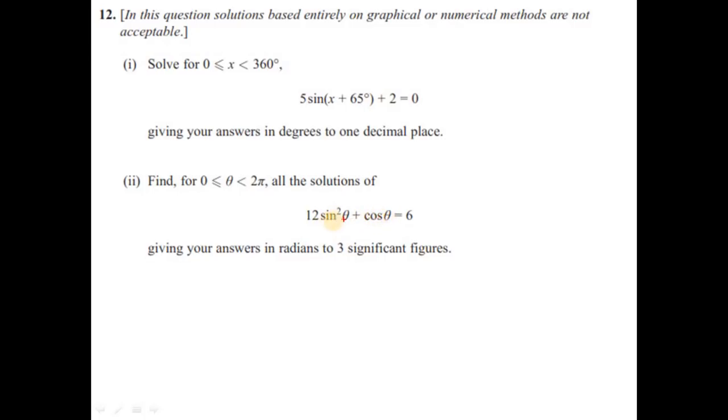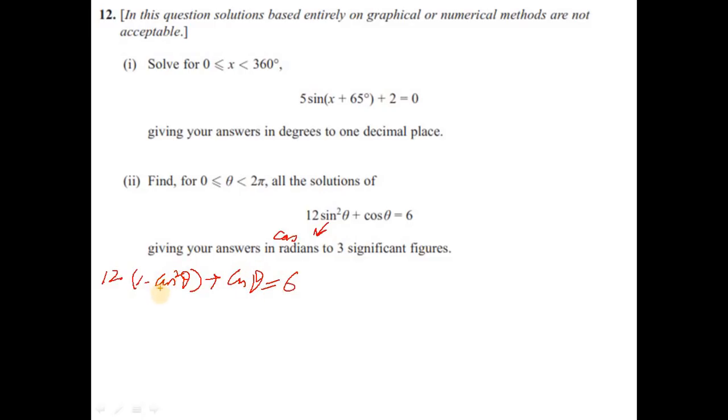The easiest way is to change this sine into cos, so the whole function would be cos. 12 sine square theta, sine square theta is 1 minus cos square theta, plus cos theta is equal to 6.